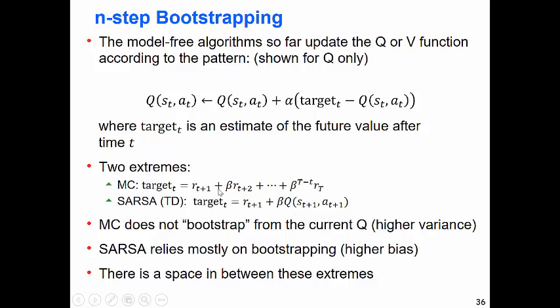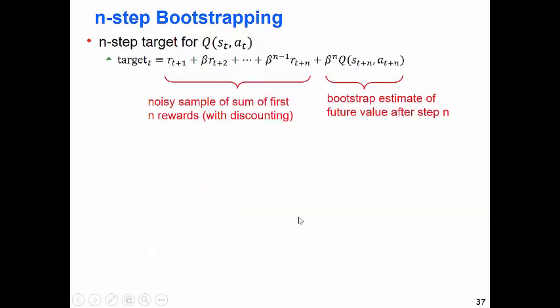But there's going to be a lot more variance here. The Monte Carlo has a lot of variance because if it's a stochastic environment, you can get different returns each time. Whereas this TD has much less variance. So why does it have much less variance, would you say?